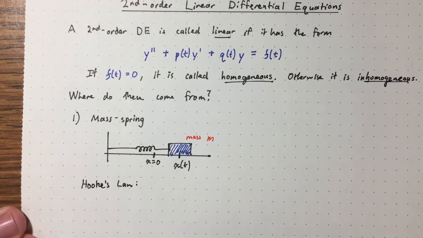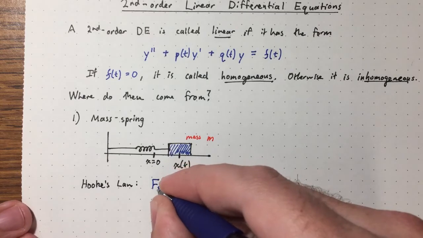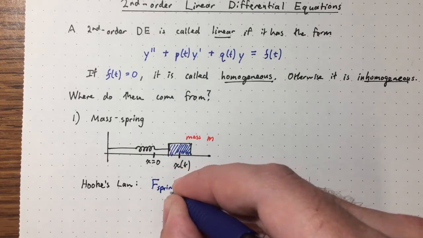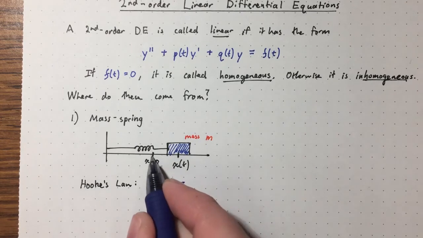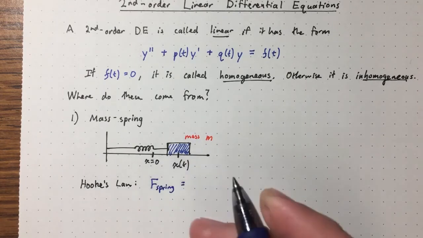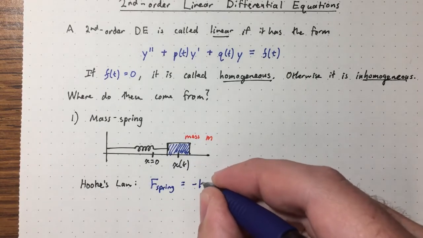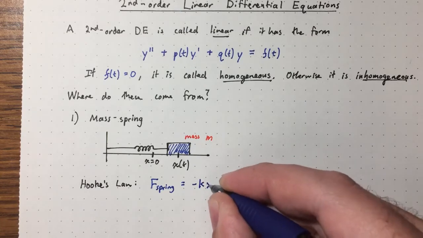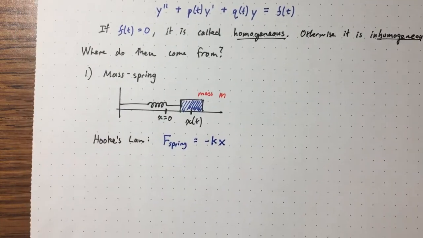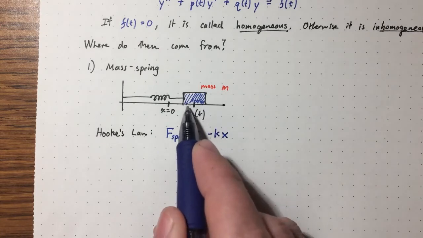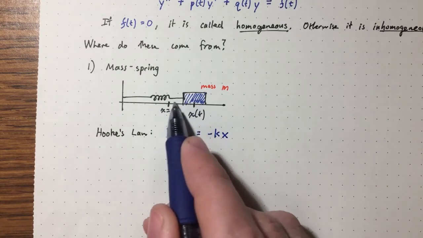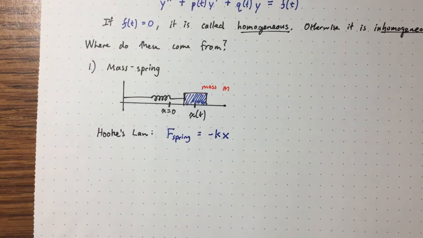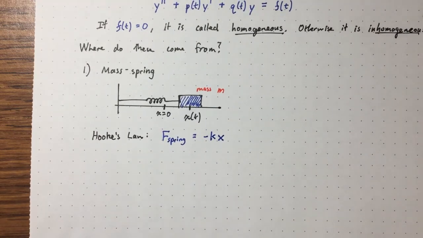It said that the force due to the spring, well, it's actually proportional to the displacement. And it acts in the opposite direction, so I need a negative sign there. All right, so if the block stretches the spring out, then the spring will want to actually pull it back. Okay, so that's Hooke's law.